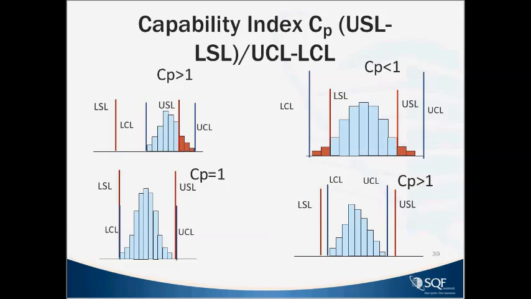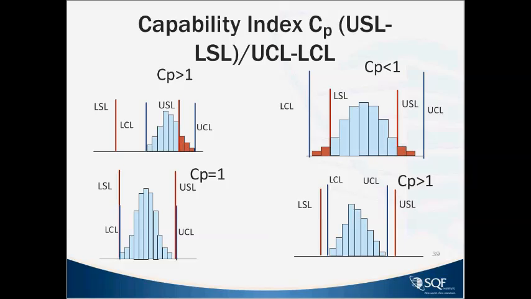So the top left-hand picture is our scenario where we're out of control. That would give you a value of less than 1. So 1 is equal to the spec limits and control limits. Less than 1, and you're going to get into a situation where you have some out of control product.